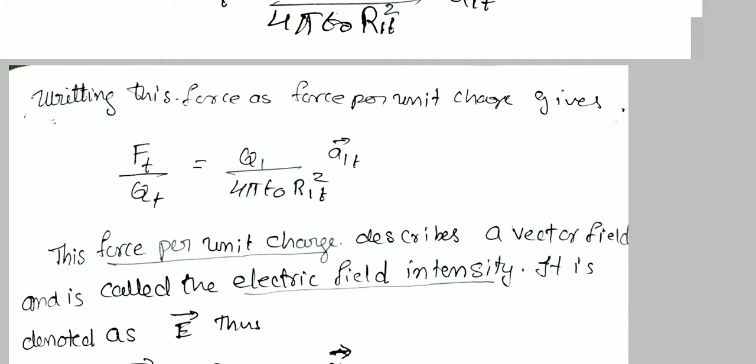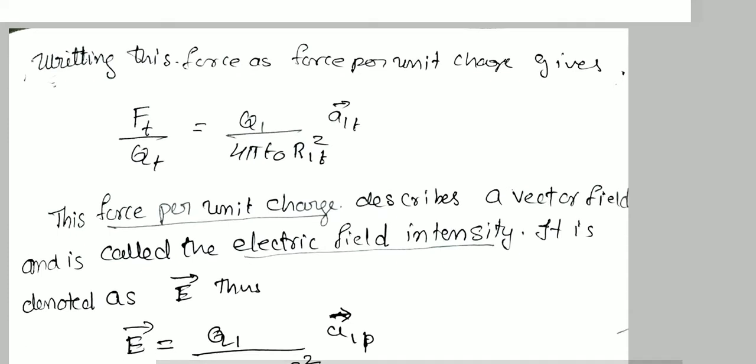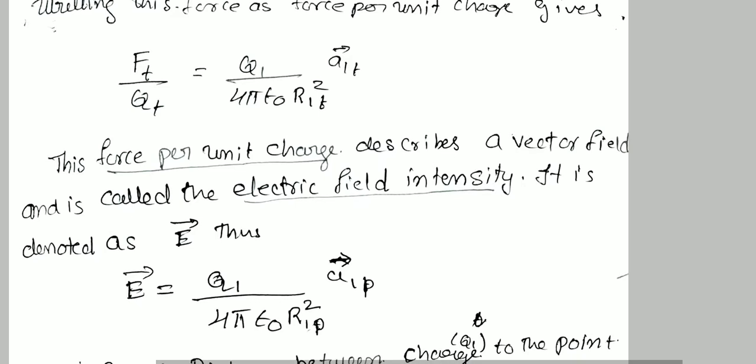In other words, if I take Qt is equal to 1, then Ft is nothing but our electric field intensity. So electric field intensity is nothing but the force per unit charge at the point where we are measuring it. So E is given by Q1 divided by 4 pi epsilon naught into R square into AR.